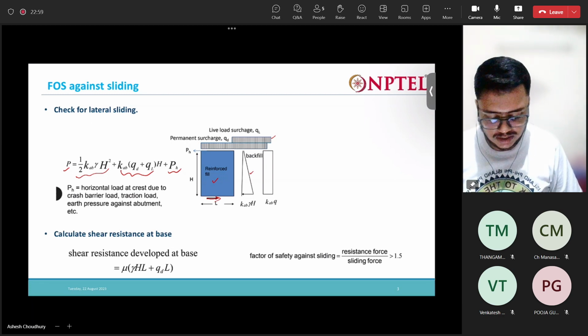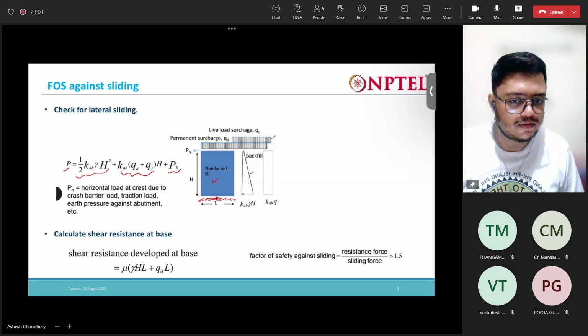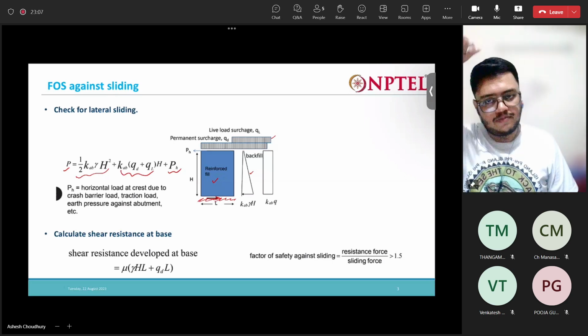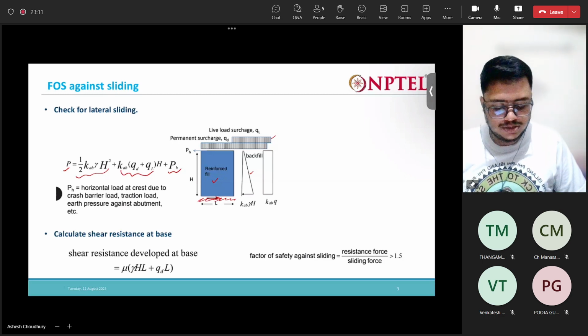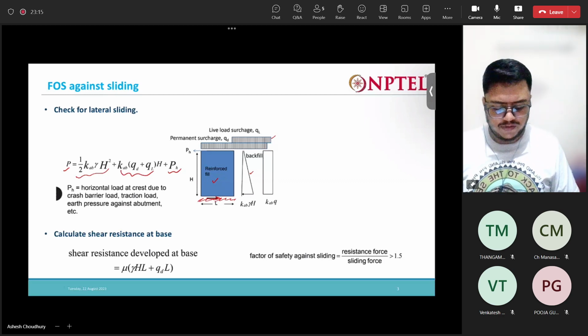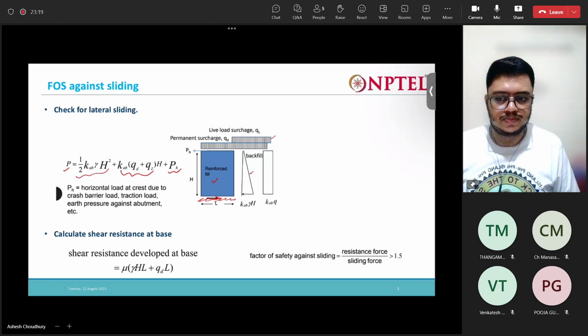So some foundation soil is there, right? That accounts for the friction mu times the vertical loads that are coming. That is nothing but gamma into h into L from the reinforced soil fill, and qD into L from the surcharges.